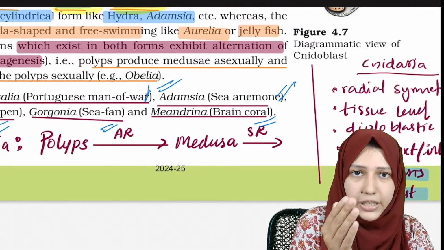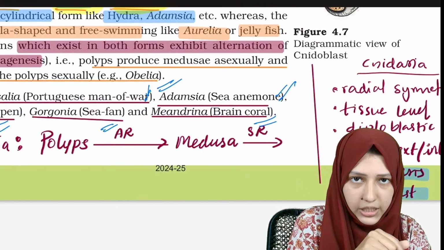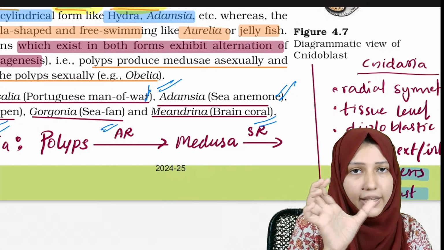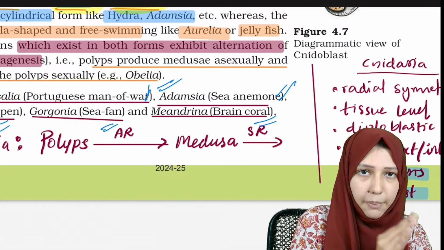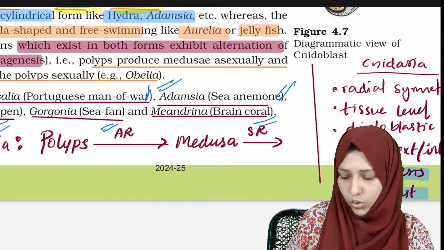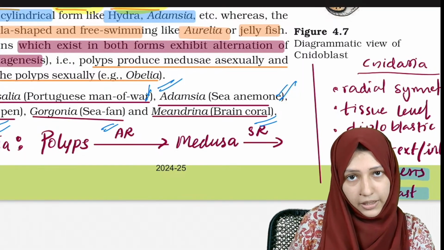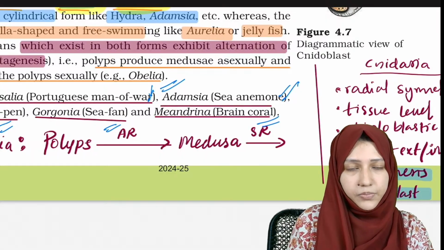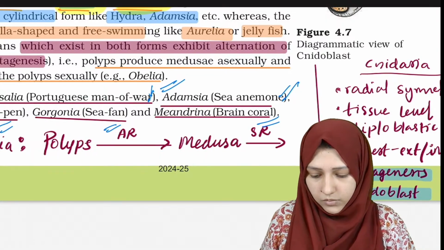So, there is alternation of the phases. It is present in Obelia. You should not mix it together. Polyp undergoes asexual reproduction. Medusa undergoes sexual reproduction. Okay.